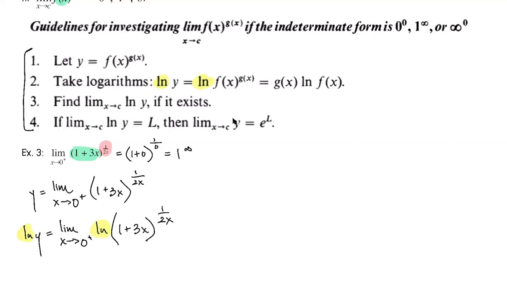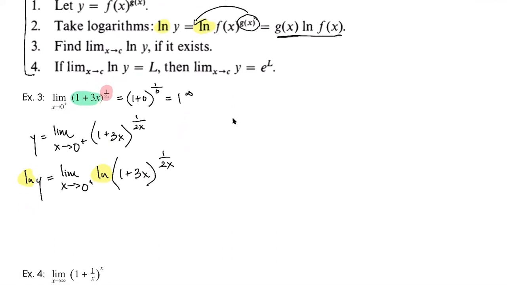Now, one of the log properties that you learned way back in the day is that when you have a power, so a function to a power that is being natural logged, you can bring that power down as a coefficient. And so we use that property to generate g of x times the natural log of f of x.